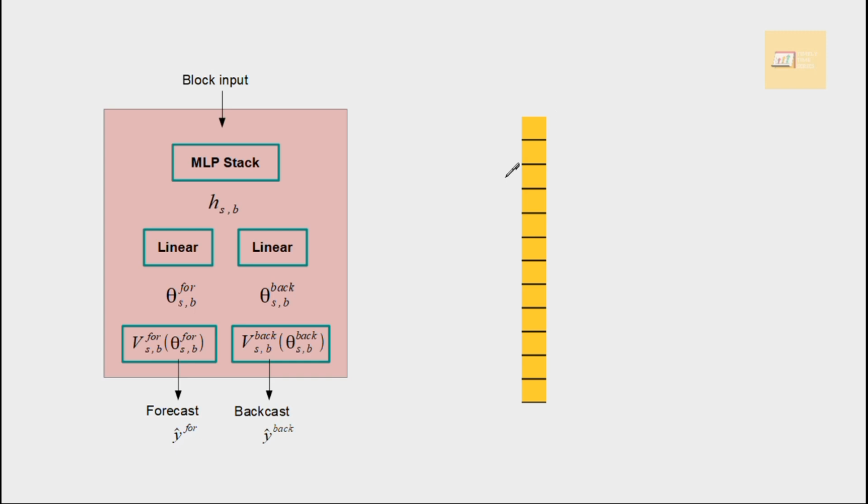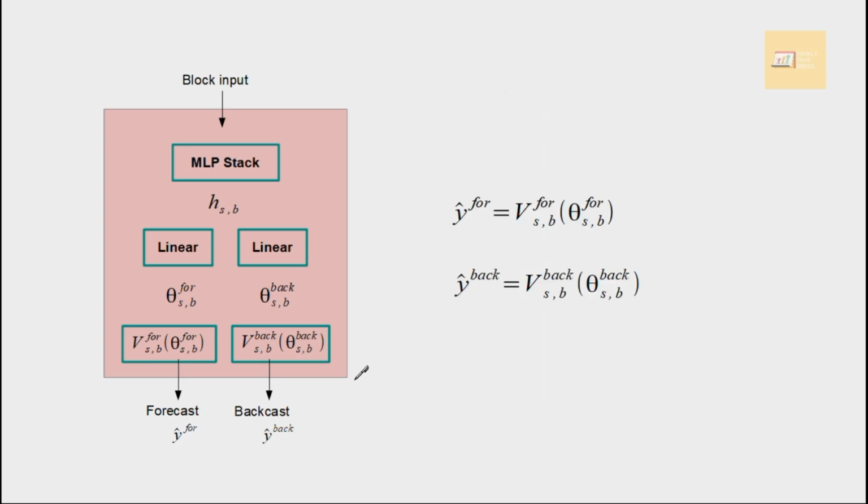And actually, y-hat backcast can also be illustrated by this yellow array. If we want a mathematical equation to get the forecast and backcast, we can just translate the diagram to these equations. They're actually just matrix multiplications, the multiplications of matrix V and array theta.